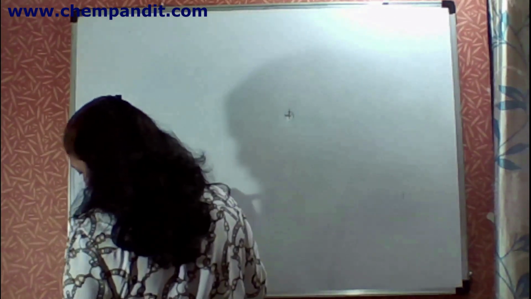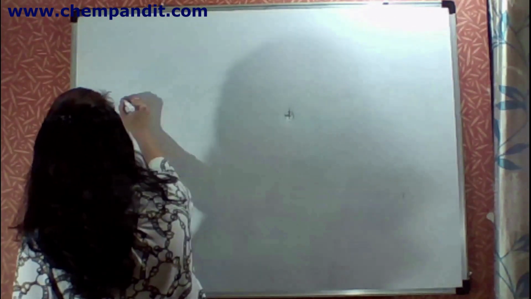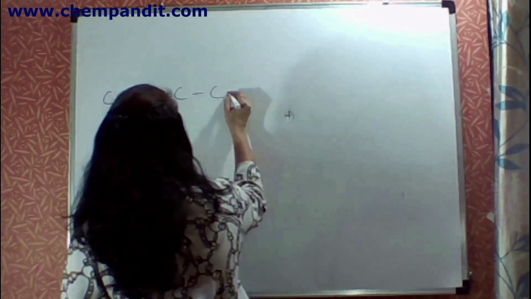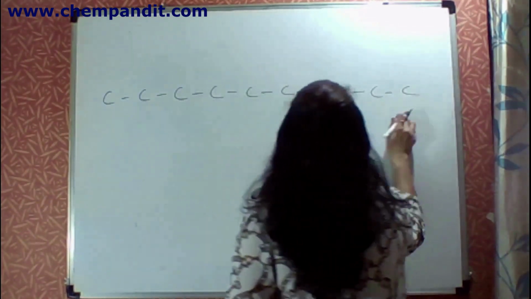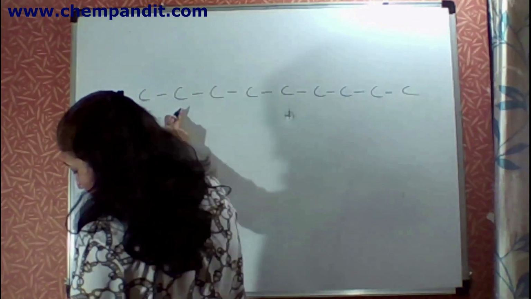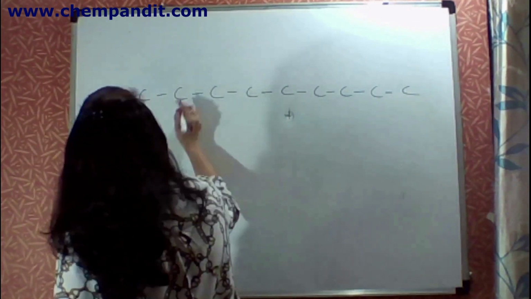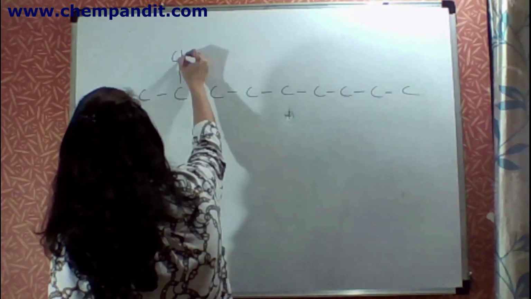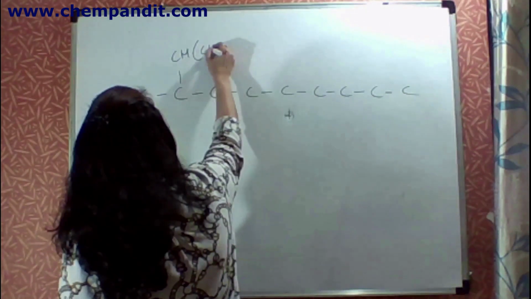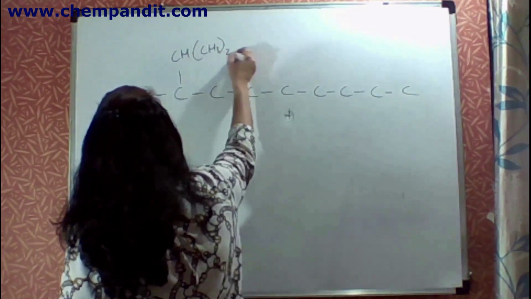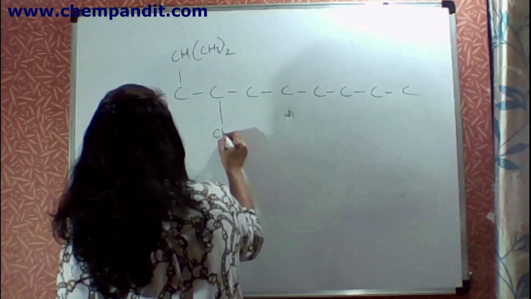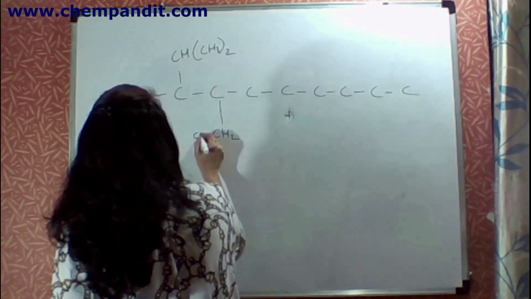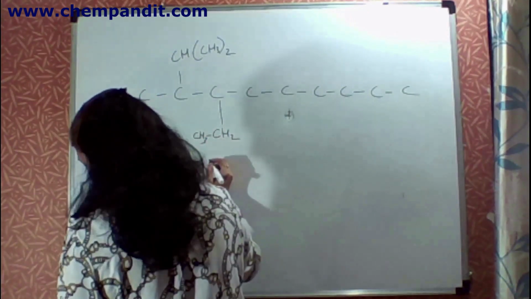For example, let me take an example of 10 carbon atoms. 1, 2, 3, 4, 5, 6, 7, 8, 9, 10. On this position we have CH and in bracket CH3 whole twice. Then here we have CH2, CH3.